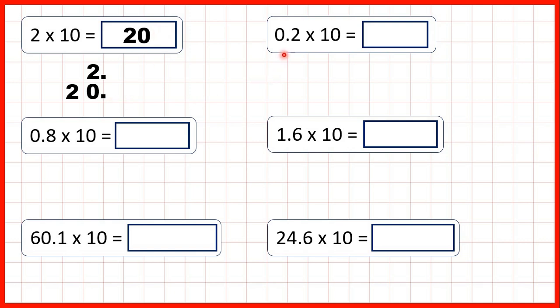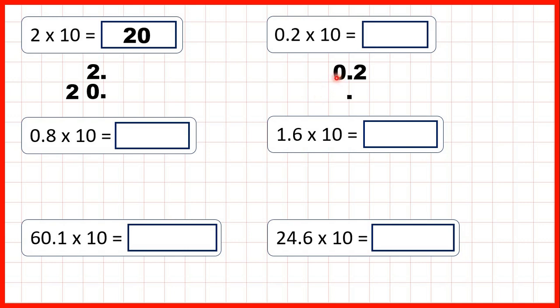Now let's use the same method to multiply 0.2 by 10. So we can write out the decimal 0.2 and copy down the decimal point. Now we're multiplying by 10, which means the digits are going to move 1 square to the left.